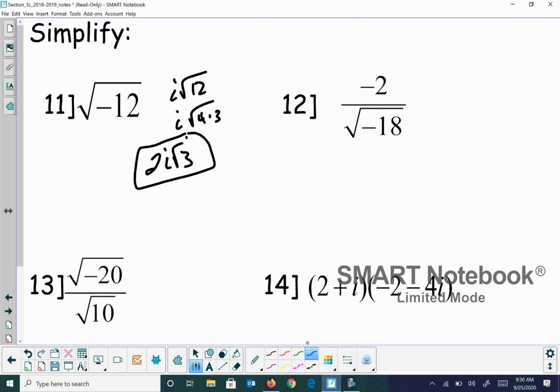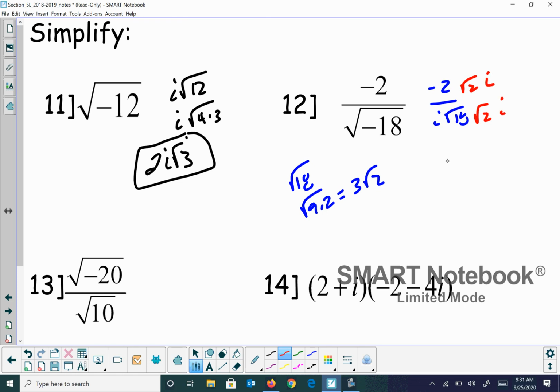Okay, so I know on bottom I'm going to deal with this. i root 18. Root 18 breaks down to root 9 times 2, which gives me 3 root 2. So on this particular problem, I'm going to multiply the bottom by root 2, and root 2 top and bottom. I'm also going to multiply top and bottom by i and i.